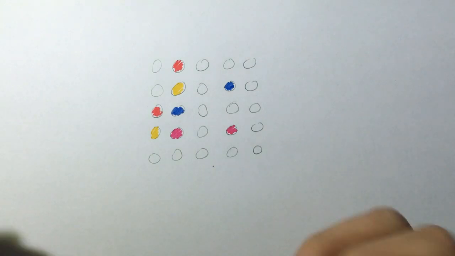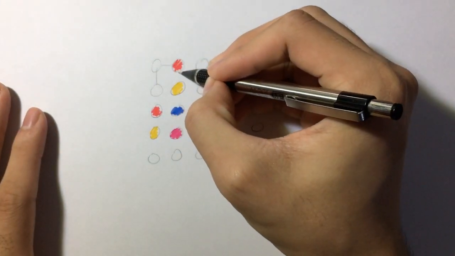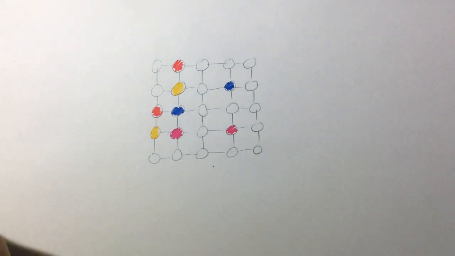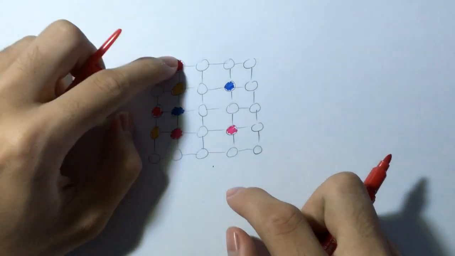One way you can think about it is that each of the dots have got lines connecting it with adjacent dots, like so. And each of these lines that we have are possible places where you can draw a connection between each of the colored dots. And what you're trying to do is draw the connection so that you're connecting the same colored dots together.